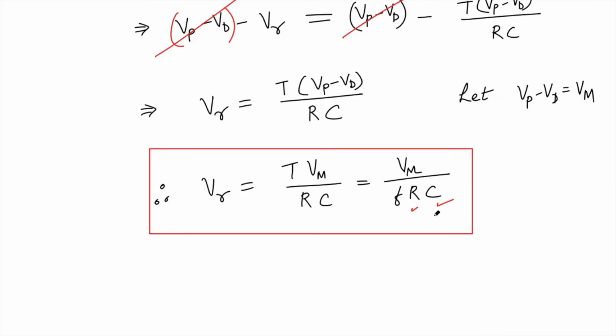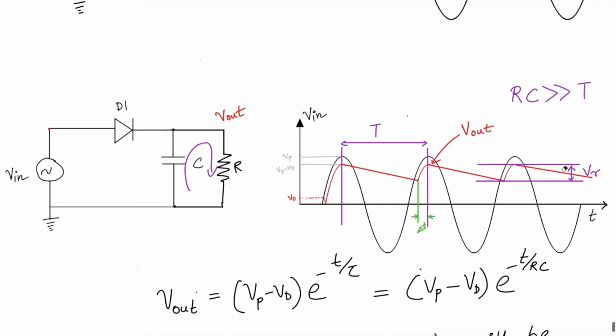So the thing that we have here is the R and C. R is also mostly defined by the customer because the load is approximately fixed. And of course, the only thing that we have is the C. So what it means is that higher the value of C, lower will be my ripple voltage.